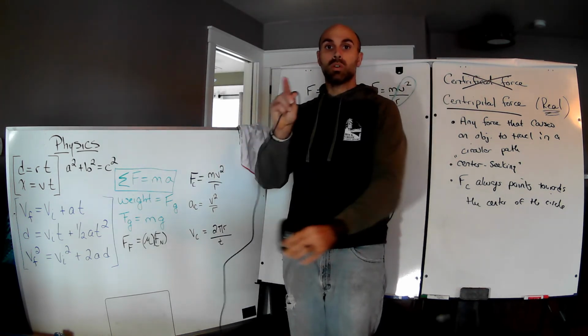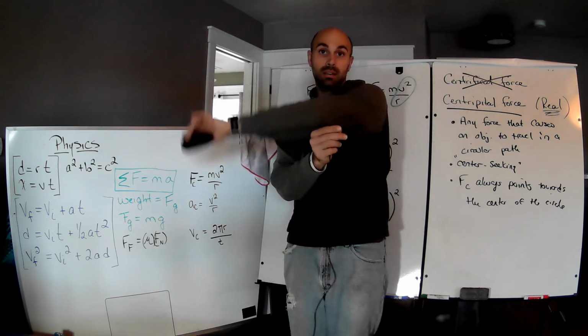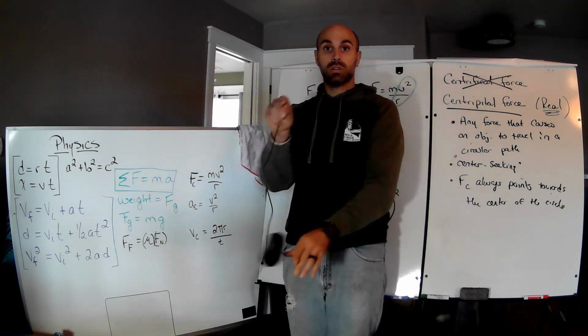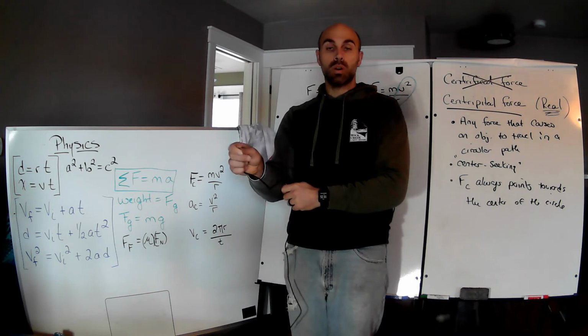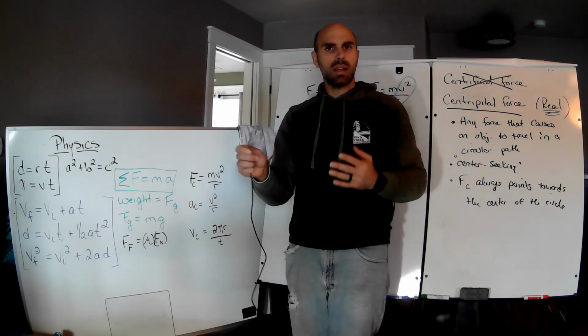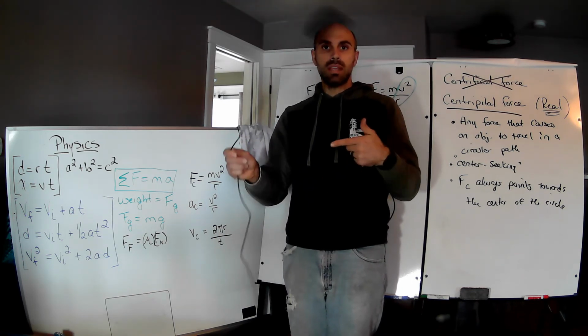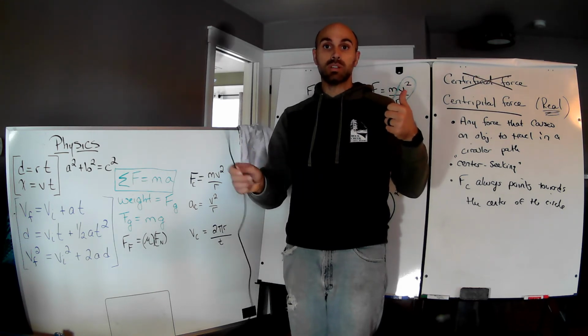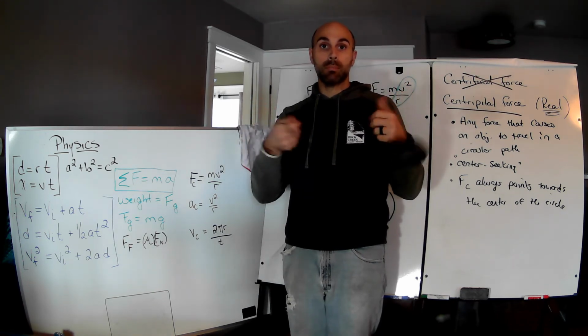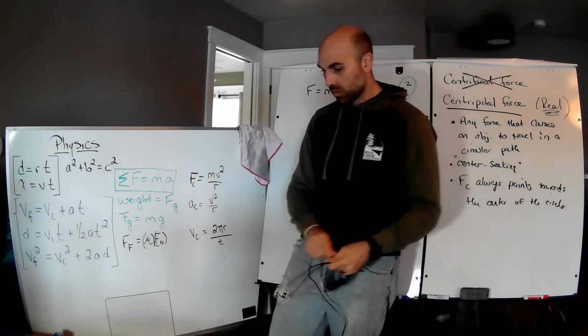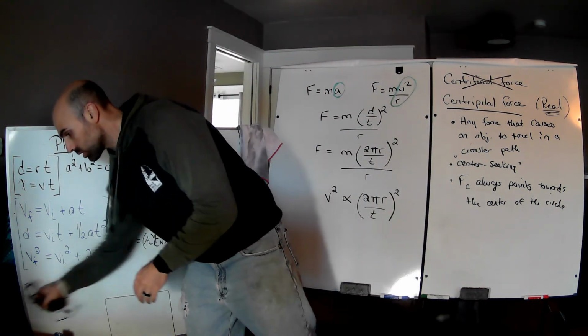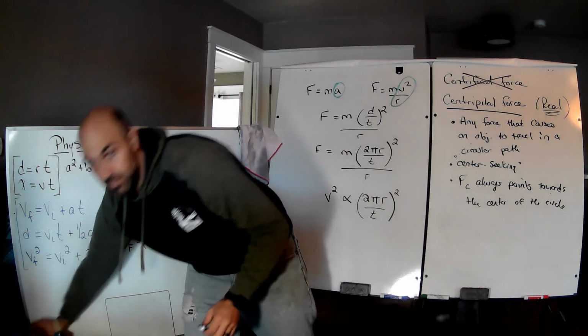It's always pointing towards my hand, which is in towards the center of the circle, right? Because think about it. If that force didn't point inwards and it pointed outwards, this object would just go fly away, right? So it always has to point in towards the circle.